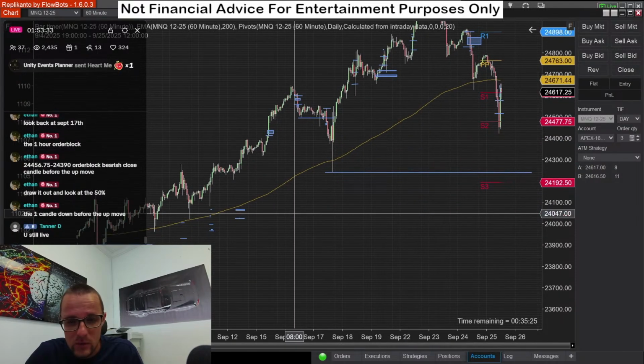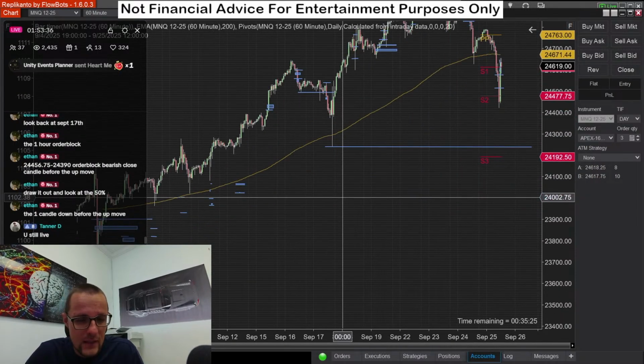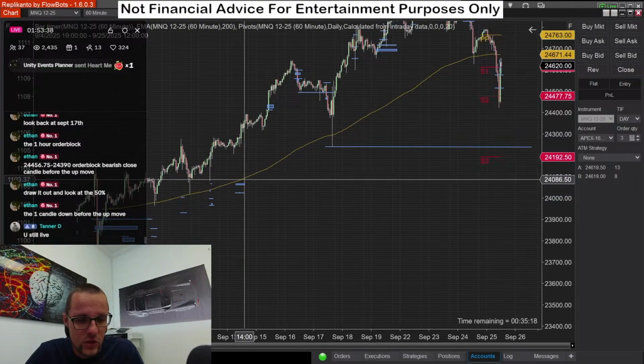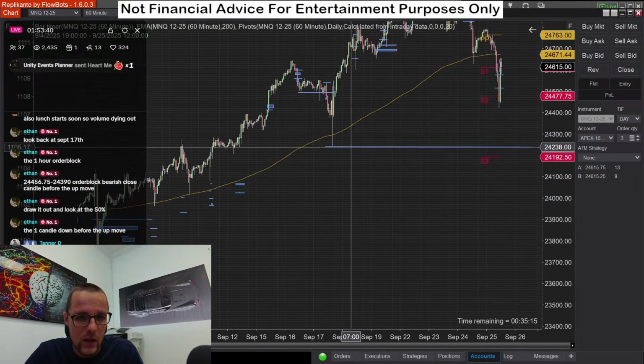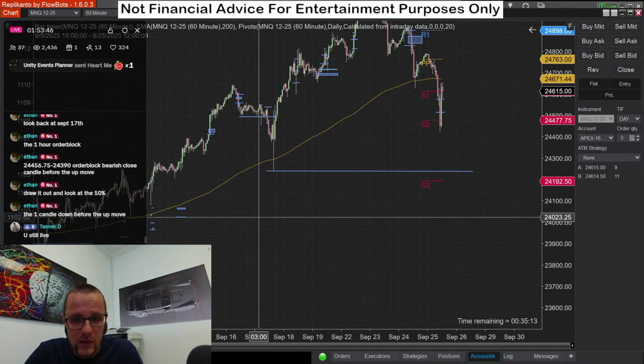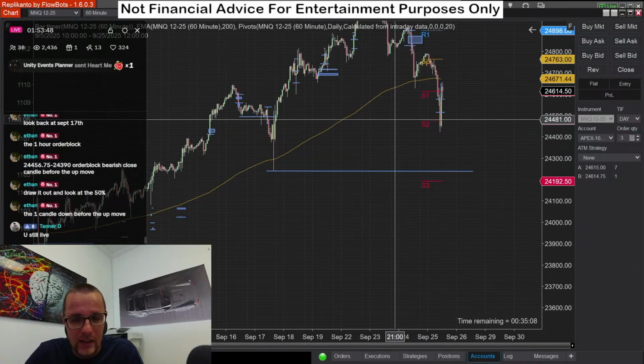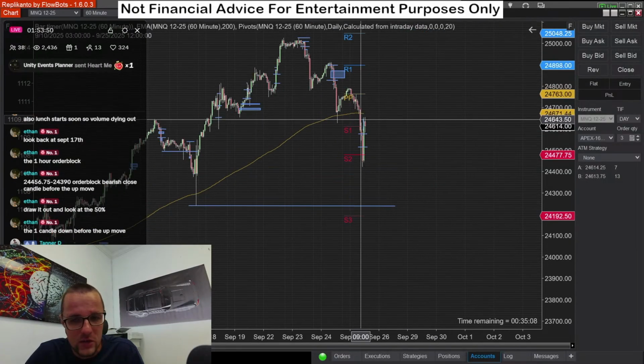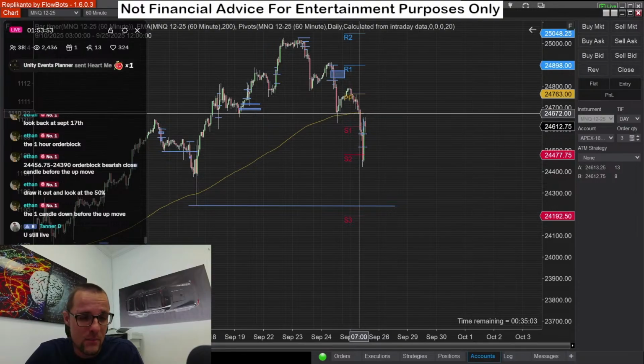Take this into account. Look at this. For the longest time, we've been bouncing off this 200 on the hourly chart, right? Bouncing off the 200, and now it just broke below that 200. That's a major red flag.